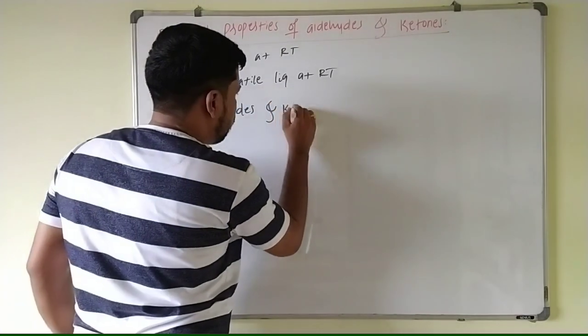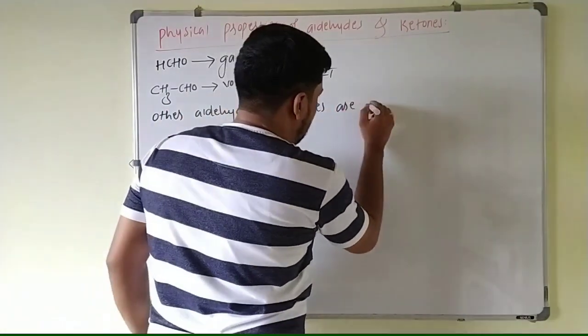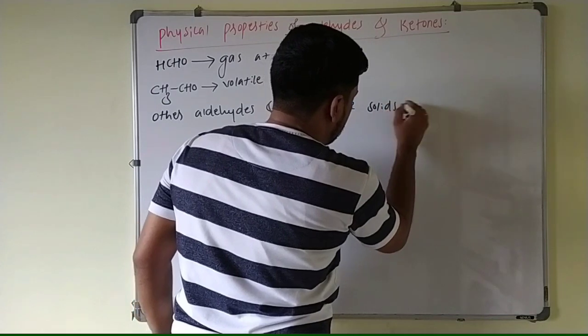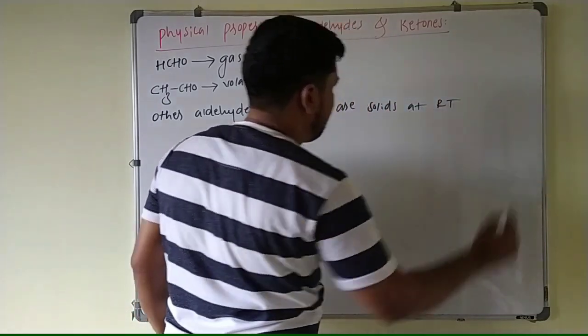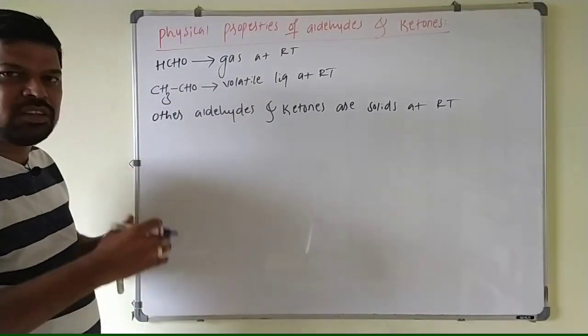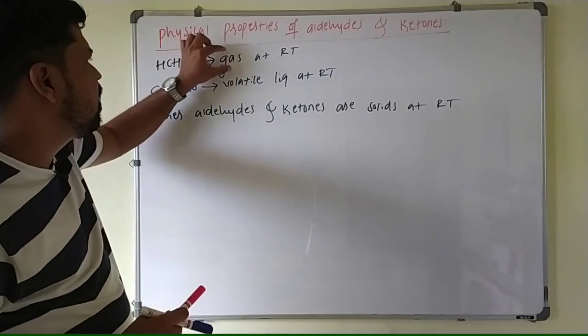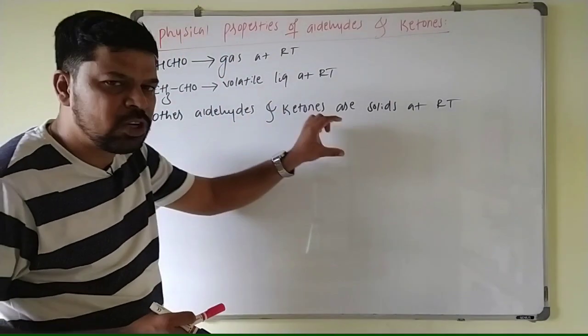You can observe here, as the size of the molecule increases, the force of attraction between them increases, hence their physical state is changing from gas to liquid and liquid to solids here.